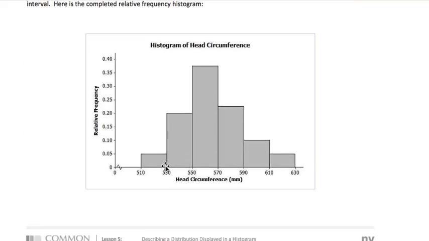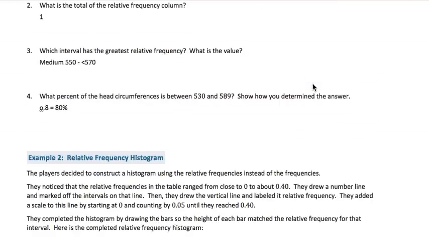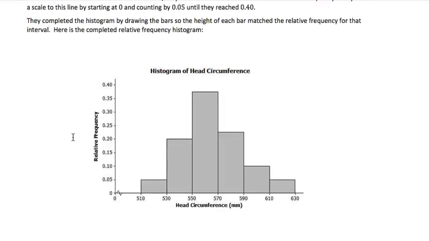So 530 to 589 would be these 3 columns, and that is clearly in the majority of the data. We have 20 hundredths. Let's get the exact numbers: 20 hundredths, 375 thousandths, and 225 thousandths. And we determined that amount to be 80% in question 4.